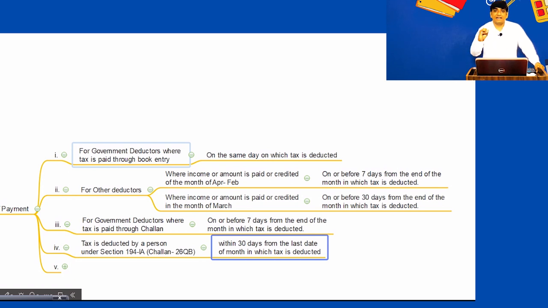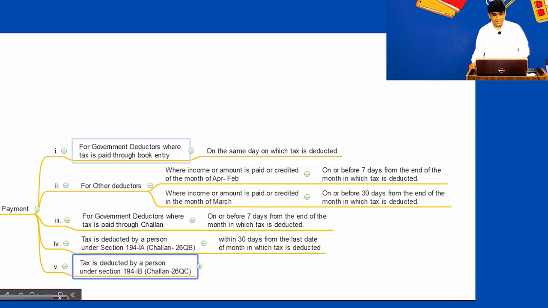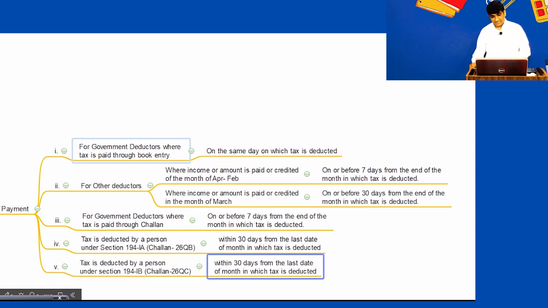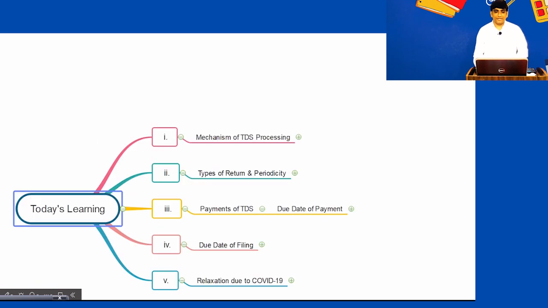It is challan cum return, required to be paid within 30 days from the last date of the month in which tax is deducted. And then another form which we have already mentioned, Form 26QC for 194IB cases, same, within 30 days from the last date of the month in which tax is deducted. I hope you are very crystal clear on payment of TDS.